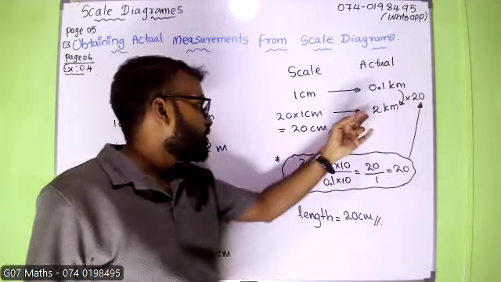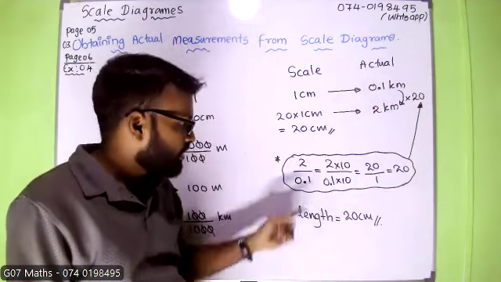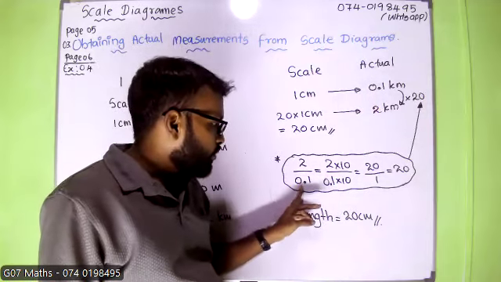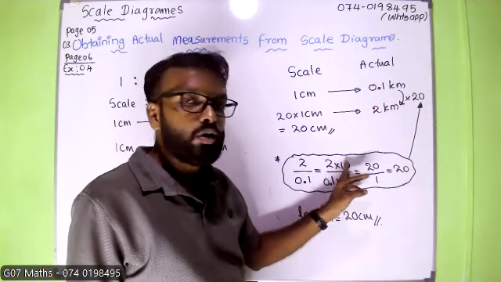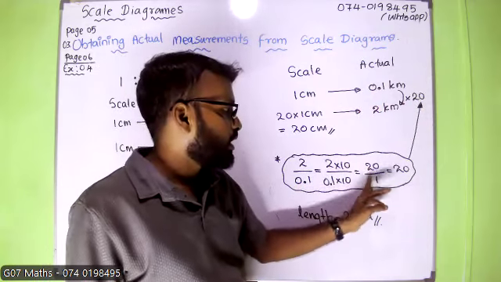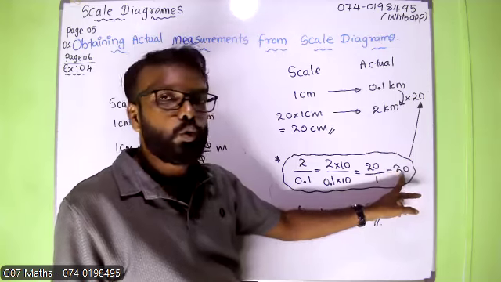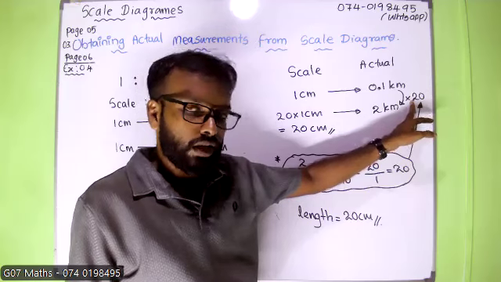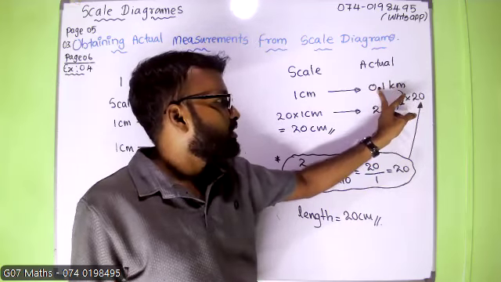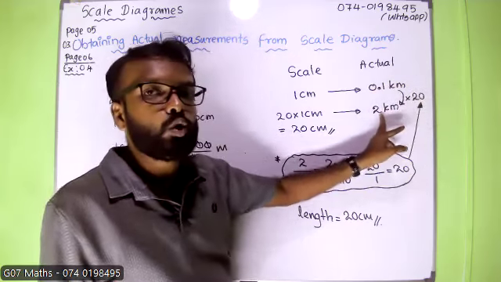I am going to multiply the denominator by 10 and the numerator by 10. So you will get 20 divided by 1, and finally you will get 20. So if you multiply 0.1 by 20, you will get 2 kilometers.